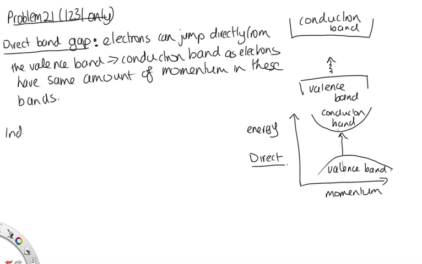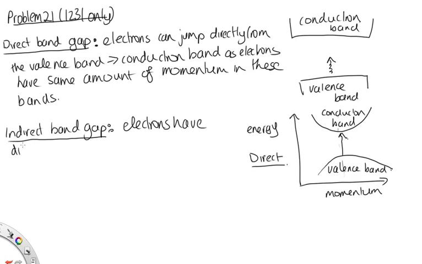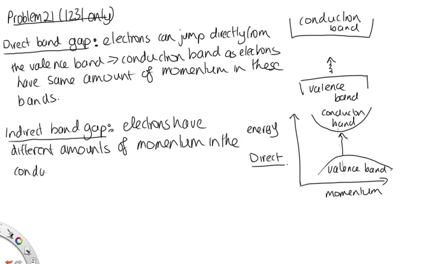In an indirect band gap, electrons have different amounts of momentum in the conduction band and the valency band, so must pass through an intermediate state.